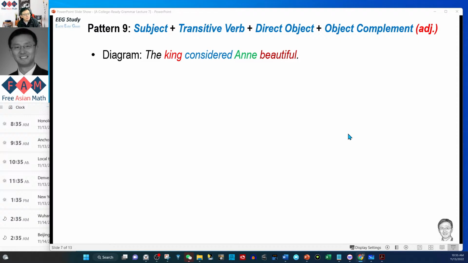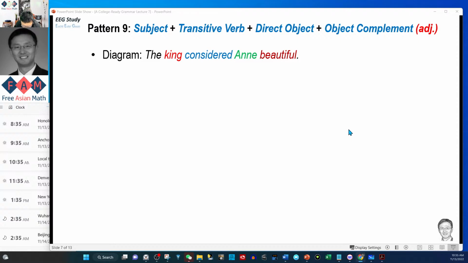Here, consider has a remarkably different meaning. The king considered Anne, meaning that he can think about Anne. But that thinking process is not complete until we supply additional information about Anne. Consider Anne to be what? The king considers Anne is beautiful. So beautiful here is a complement for the object.